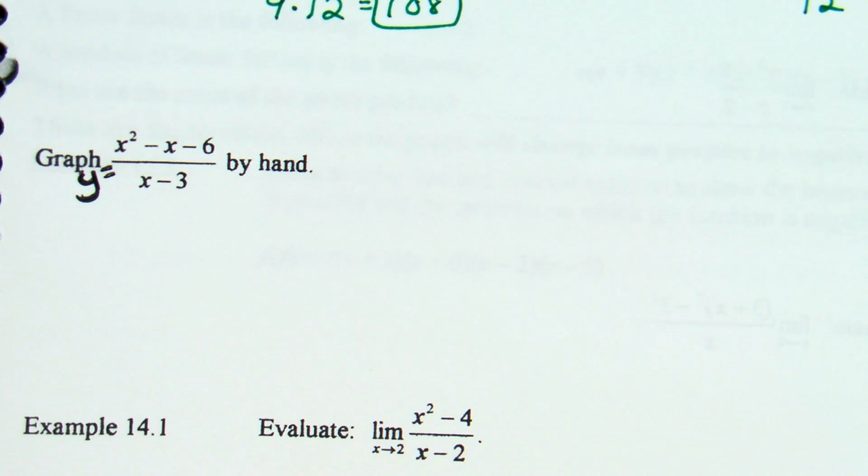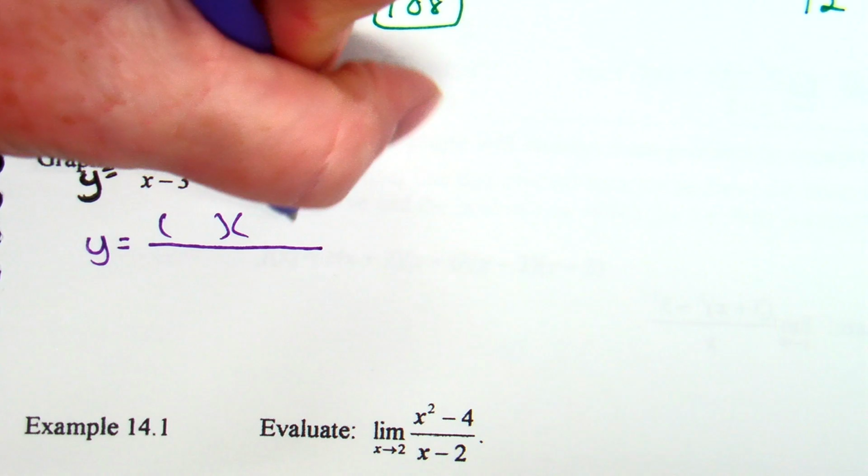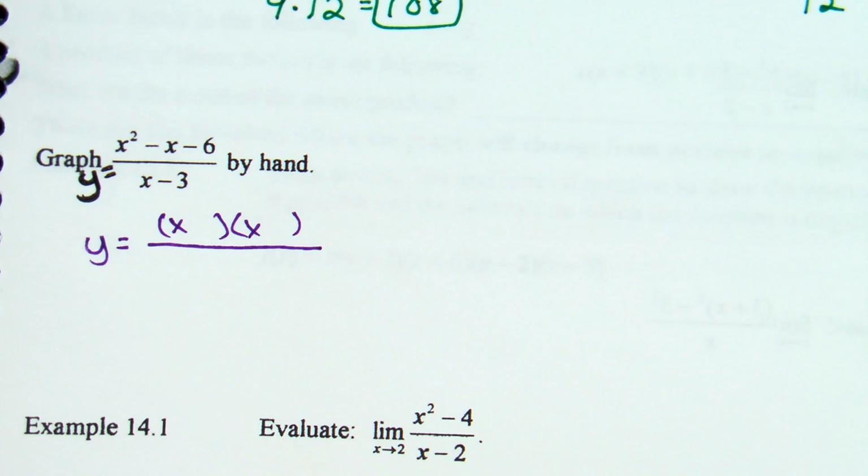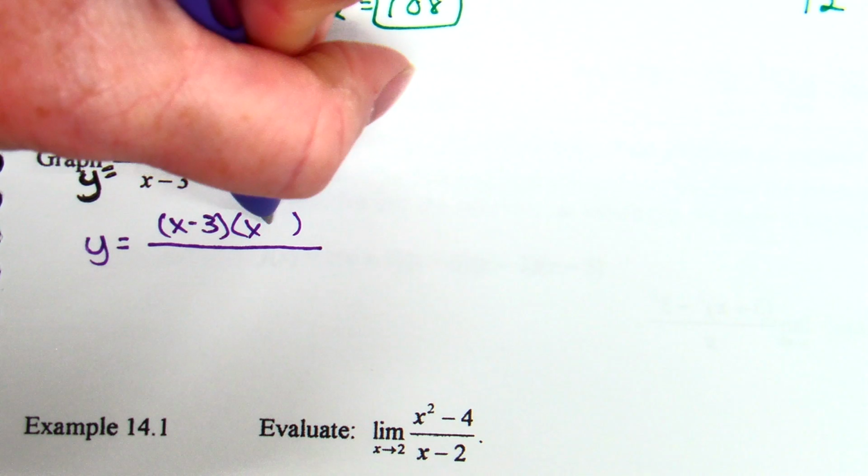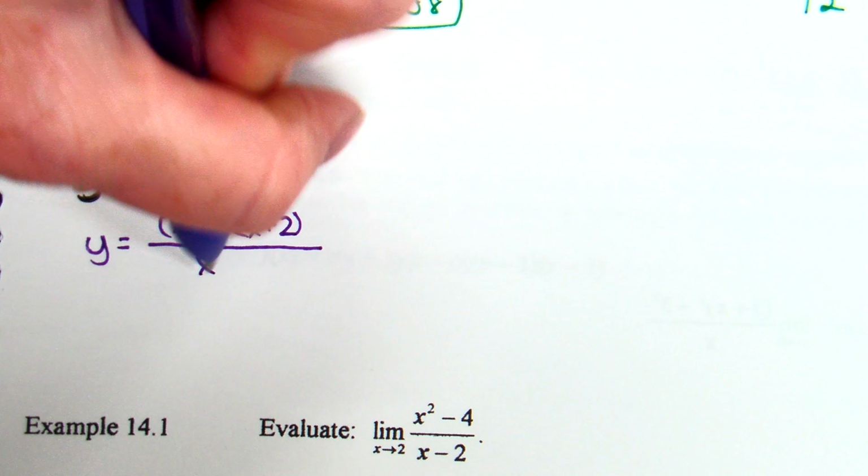So you know what that graph looks like? Exactly. We're going to get to a form where we can. What do you notice about that numerator? The top factors. X squared minus x minus 6 factors into two parentheses, x and x. We multiply to be negative 6 and add to be negative 1. Minus 3 and plus 2.